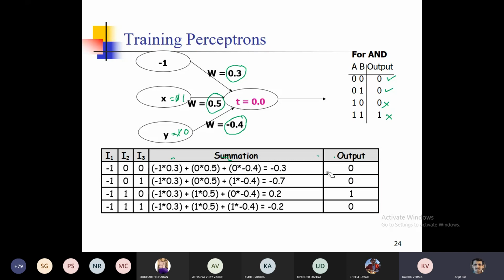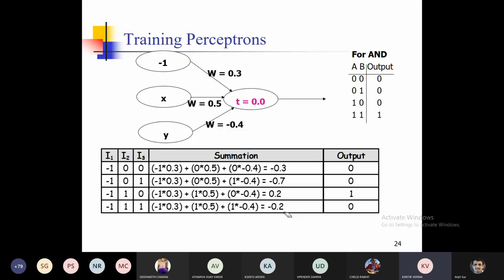You see, this is the output table. Same thing with what they are doing. Here there is a small assumption that this is minus 1, it is fixed. And this is 0 0, 0 1, 1 0, 1 1 for this AND gate.